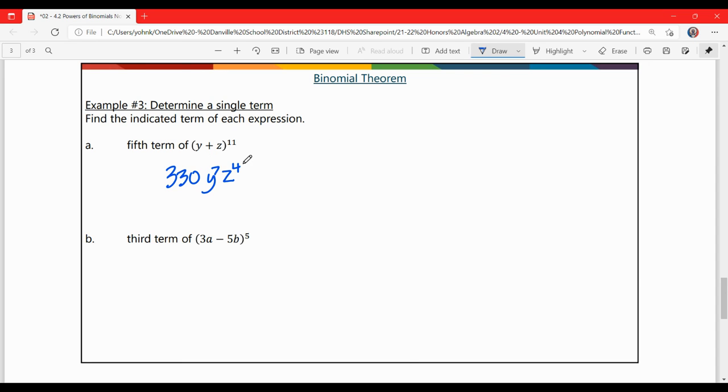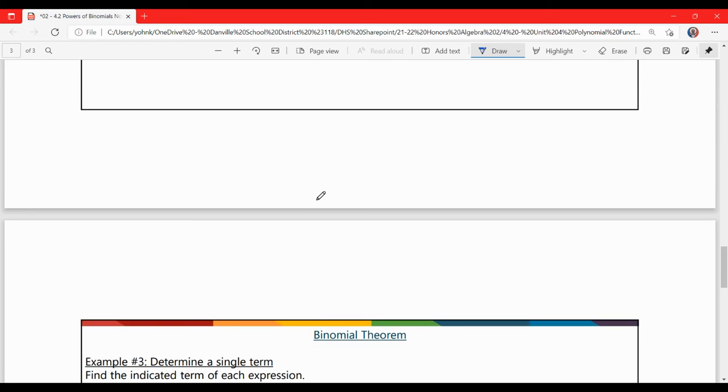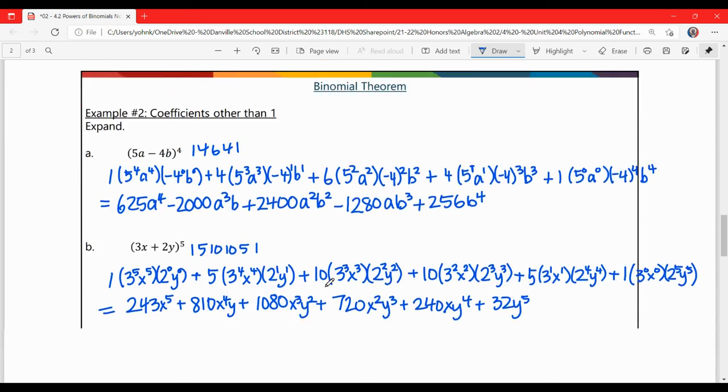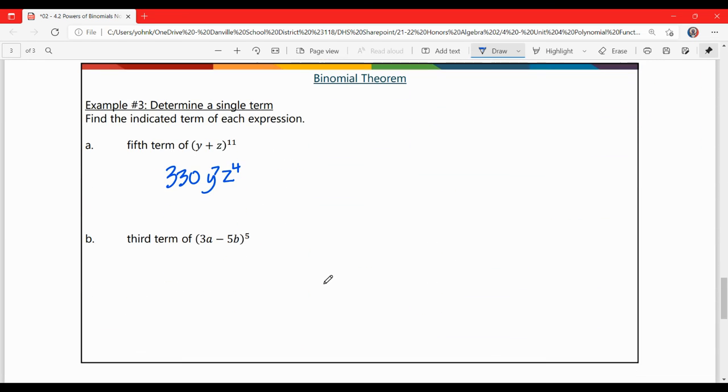So again, to find that y to the 7th, you could look at the 11th row and think to yourself, okay, here's y to the 11th, here's y to the 10th, y to the 9th, y to the 8th, y to the 7th. And so that's how I got the y to the 7th. And then I knew that my z had to total 11 when added with the 7. So that's how I got the 4.